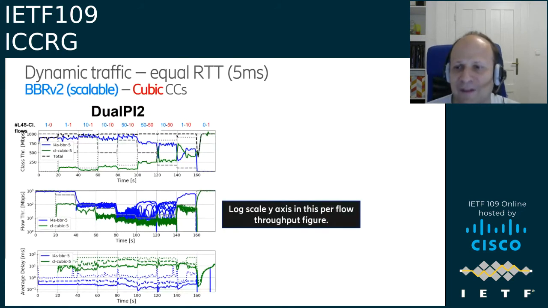We also compare the fairness between BBRV2 scalable and cubic flows over a dual pi square bottleneck. This time, I present a time series plot, and the number of flows from the different classes changes between 0 and 50. You can see the number of flows at the top.